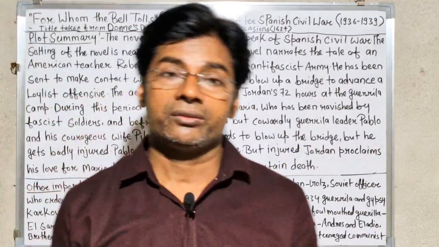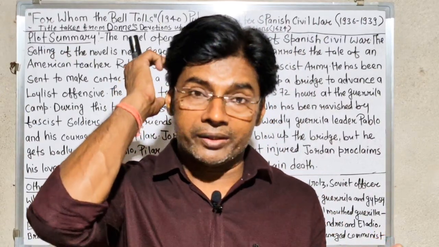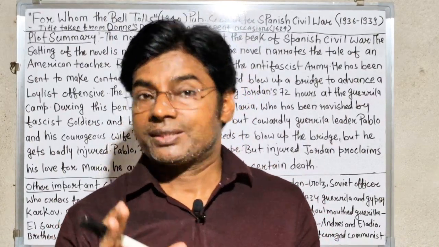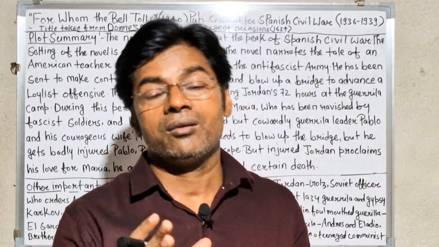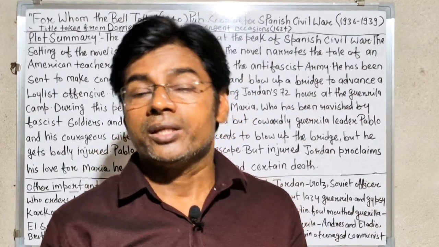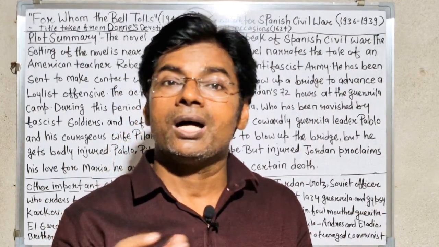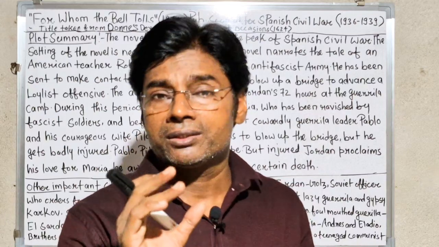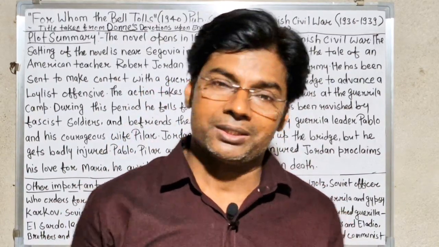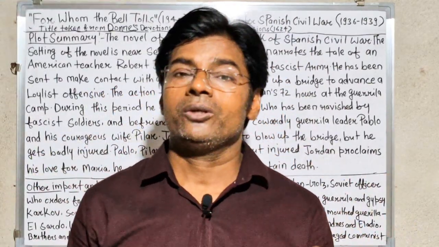Even after being badly wounded, this American teacher and dynamiter professes his love, and after that waits for the fascist army to come and kill him, and he is 100% sure that very soon he'll be killed. This is in short the summary of this novel.